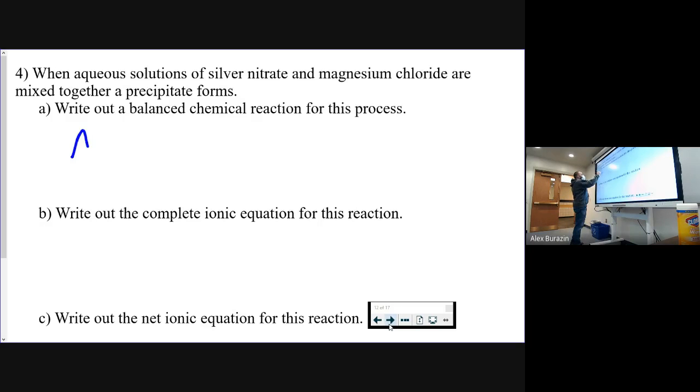What's the charge of silver? 1 plus. Nitrate is a polyatomic ion. You look it up on the back of last year's periodic table, and what do you find? NO3 1 minus. So silver nitrate is AgNO3. So yes, you are correct. Sorry for scaring you. Magnesium chloride. Find magnesium. When you find it, what's the charge?